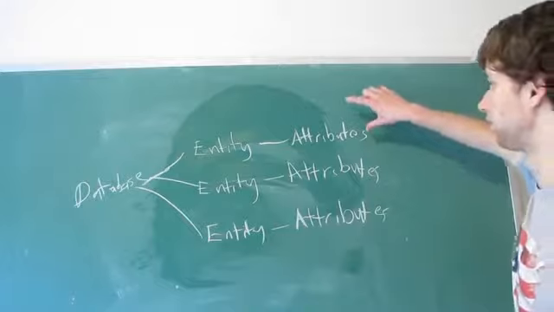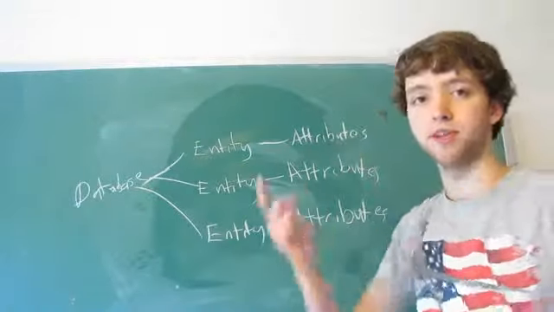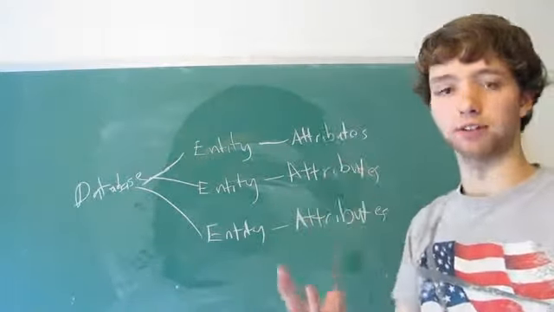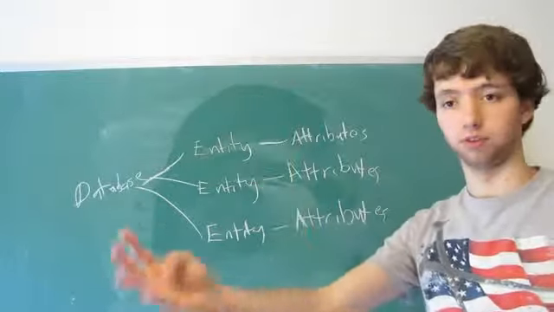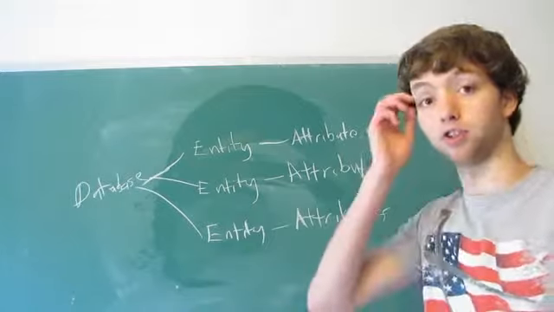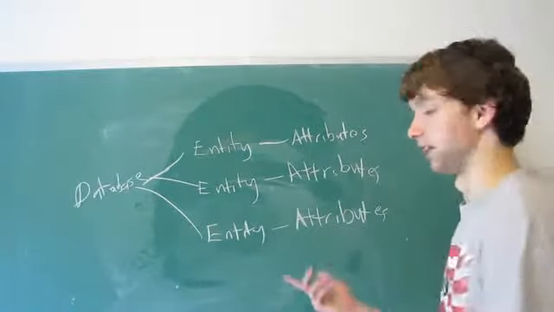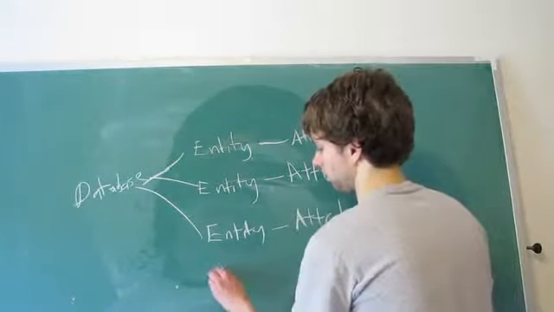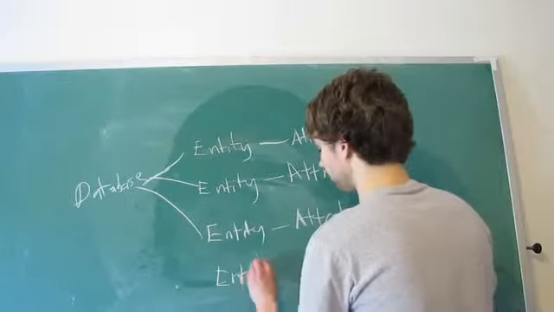What's an example of an attribute? Well, it could be the student's name, the student's address, the classes they're taking, whatever. It doesn't really matter. Their major. That's another entity. We could have an entity about the majors, such as science or whatever else.